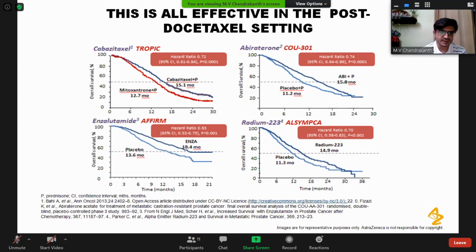And then we had enzalutamide in the AFFIRM trial, where this also showed an overall survival benefit. And then we have abiraterone, and then we have radium in the ALSYMPCA trial. Even this also had a good hazard ratio. You can see all the four drugs have a good hazard ratio and have shown improvement in overall survival in the post docetaxel CRPC setting.